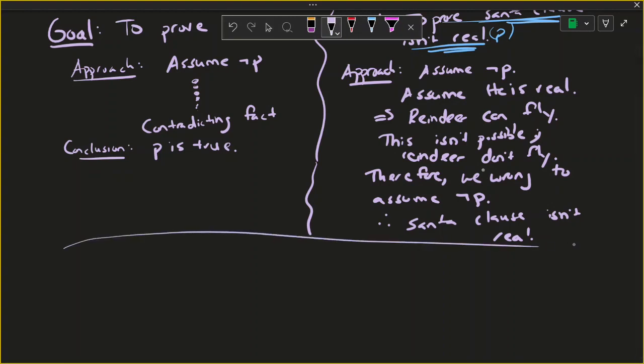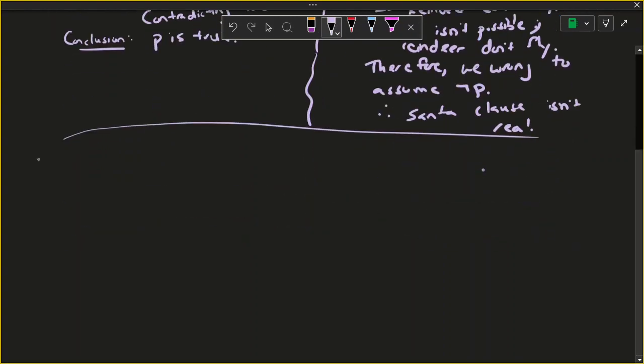All right, let's do an example with some more math-related terms. Before that, we need definition 3.58 from the book, which is a rational and irrational number.